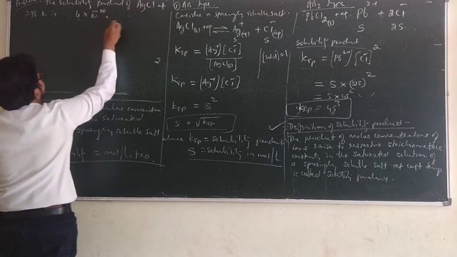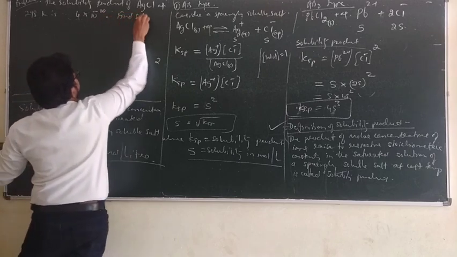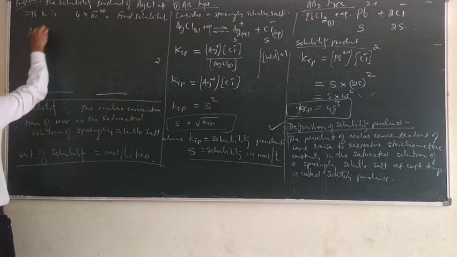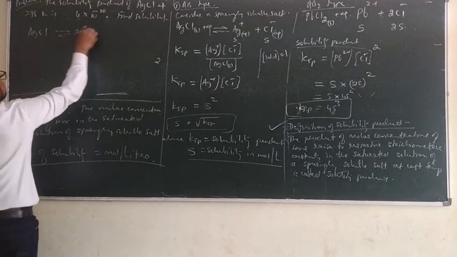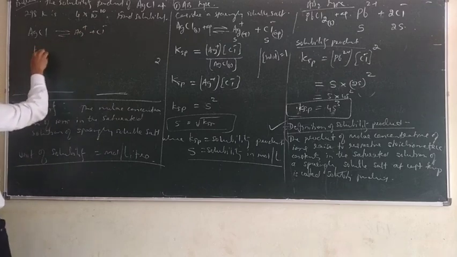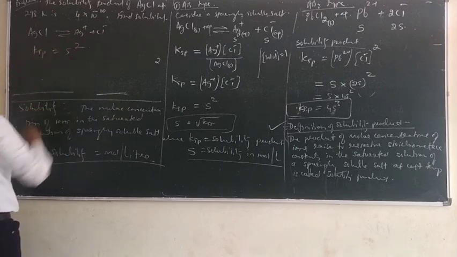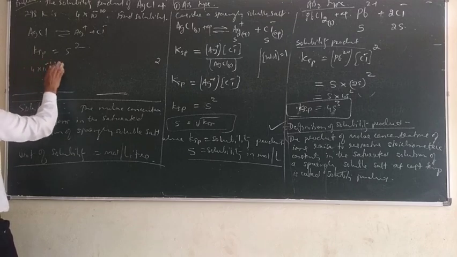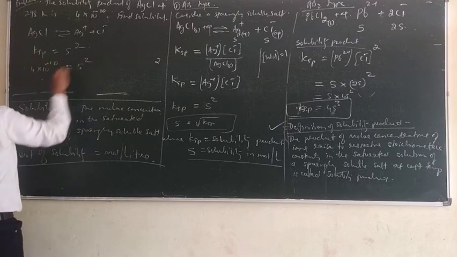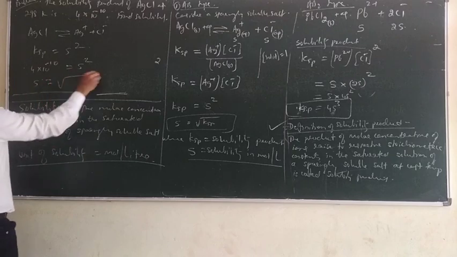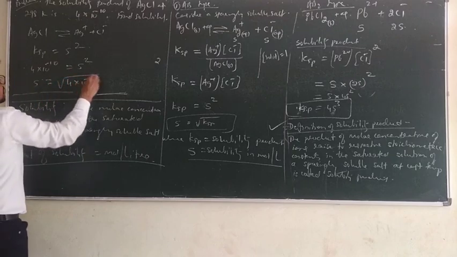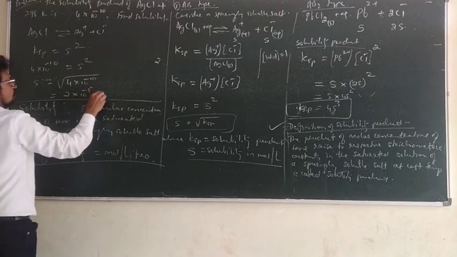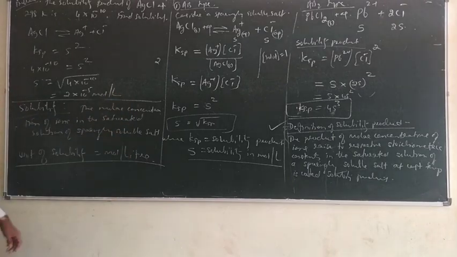Find solubility. So AgCl, what type is it? AB type, so KSP equal to S square. 4 into 10 to the power minus 10 equal to S square. S equal to root of 4 into 10 to the power minus 10, that is 2 into 10 to the power minus 5 mole per liter. This is solubility.